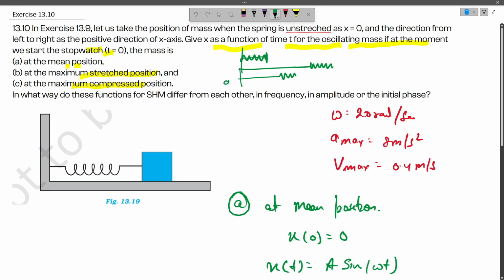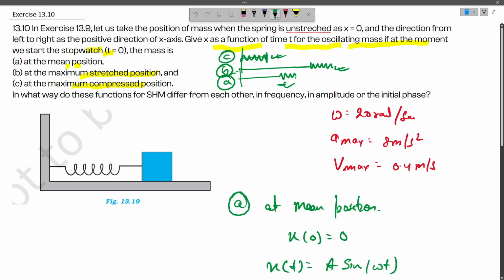The part of the question says that if the particle is at the mean position, what is the equation; in the B case, if the particle is in the stressed position, what is the motion; and if the particle is in the compressed position, what is the equation of motion.